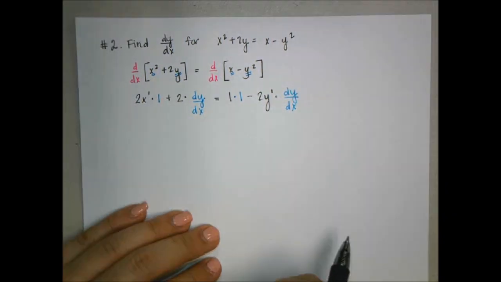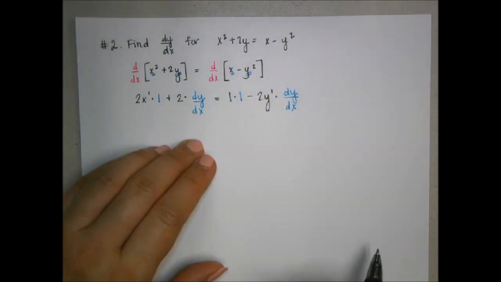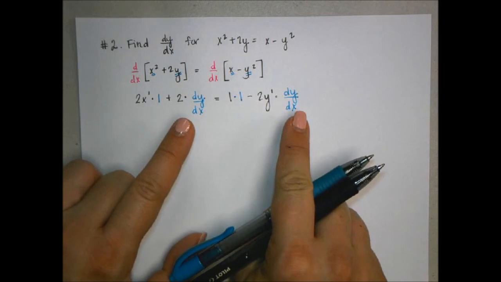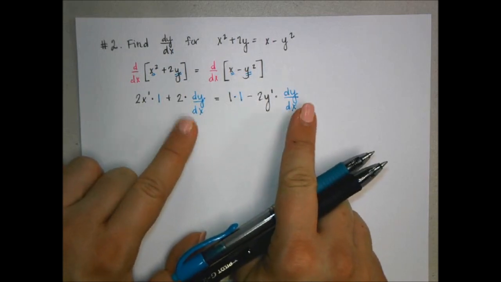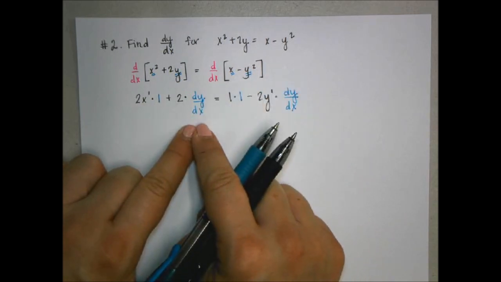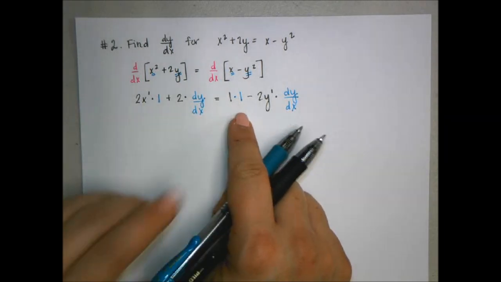All right, I'm supposed to solve for dy/dx, and I have two of them. So to solve for dy/dx, we have to find a way to combine these two terms. So what I want to do is always move the dy/dx terms to the same side of the equation, and then move anything else that doesn't have a dy/dx to the other side of the equation.